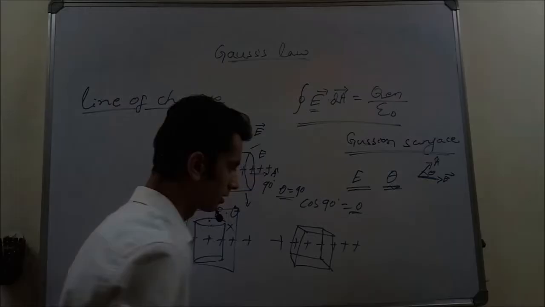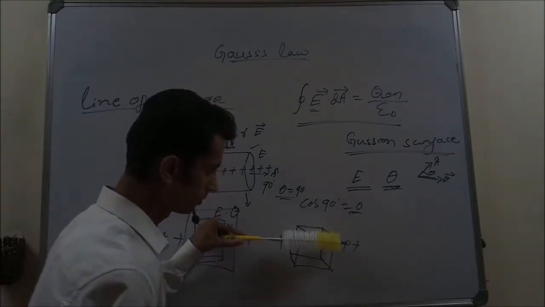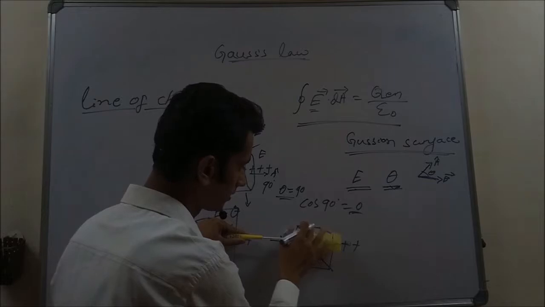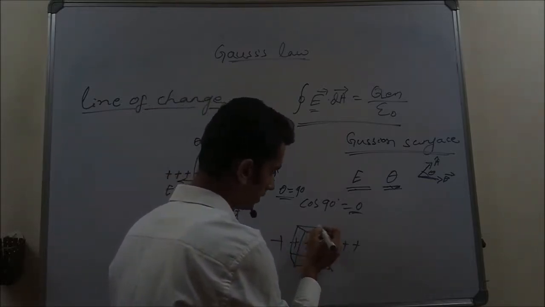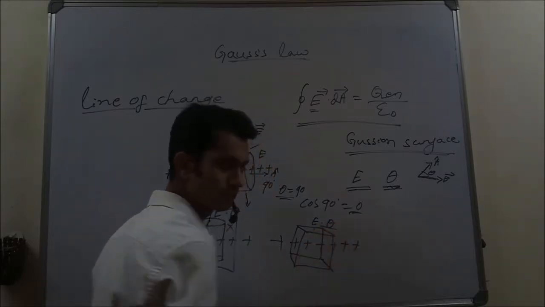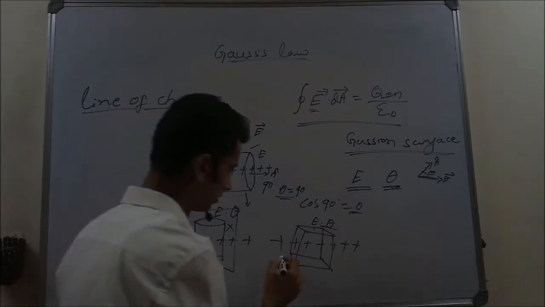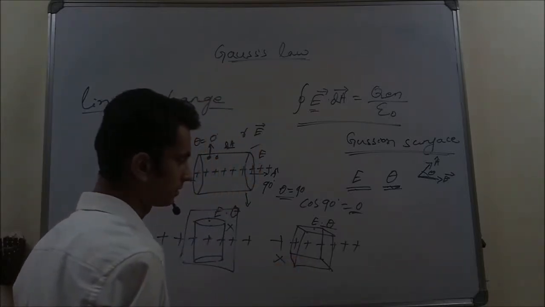The lines of force will touch the flat surface like this. So here neither the electric field will be constant nor theta will be constant. So I can't choose a cuboid as our Gaussian surface either.